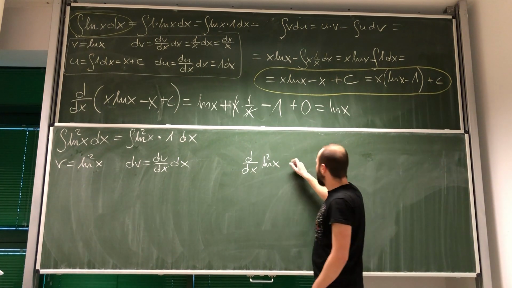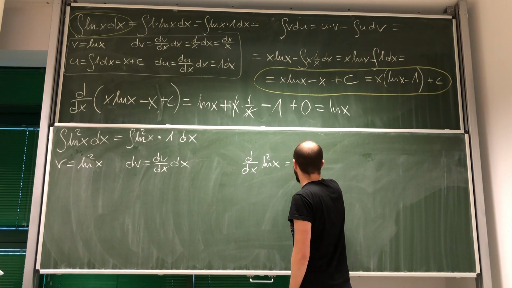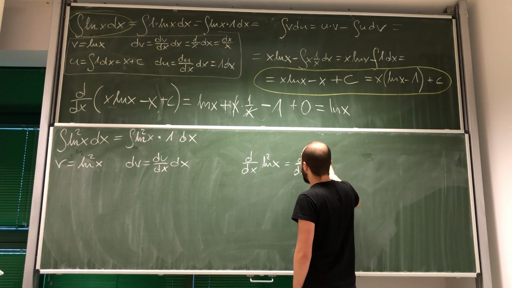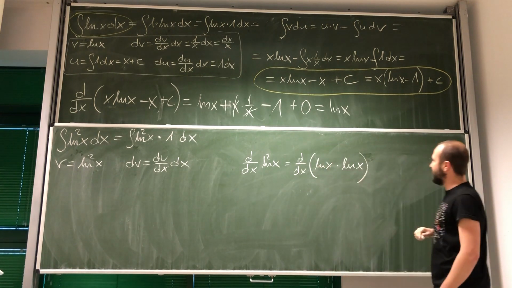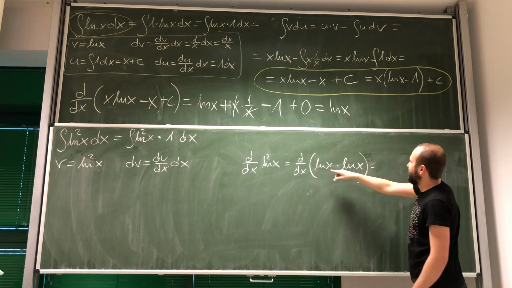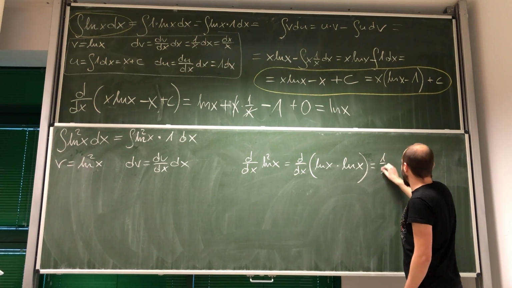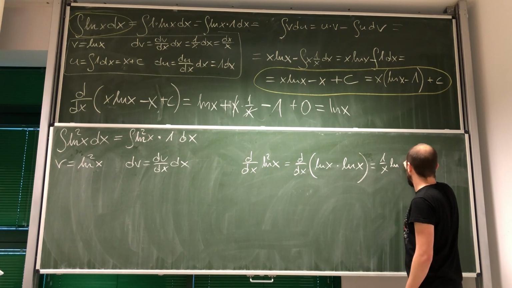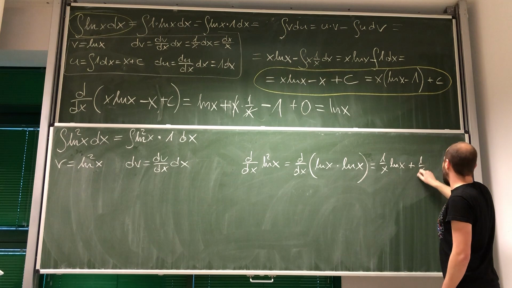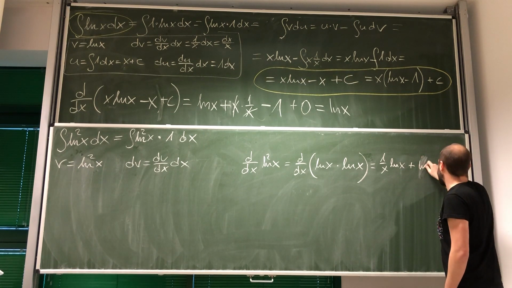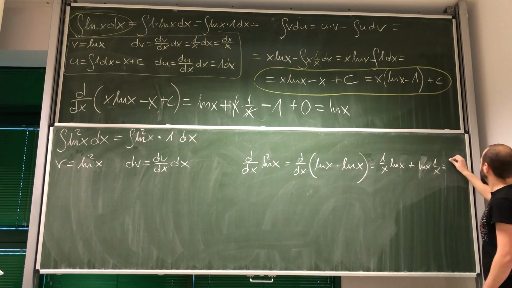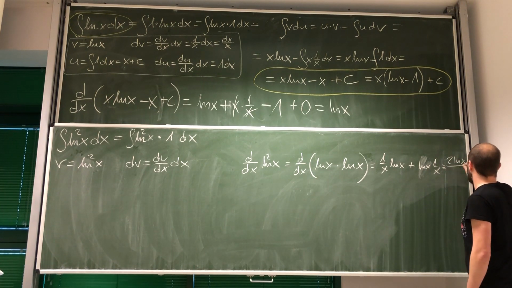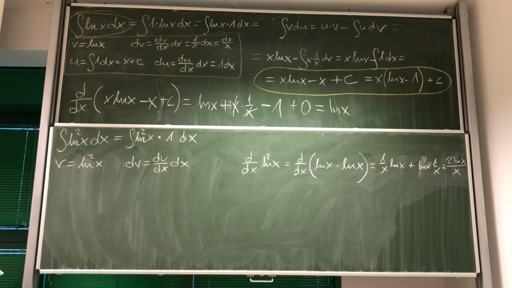We can do it in two ways. We can calculate it as the derivative of a product of two functions, right? And then what we are getting is 1 over x times ln x plus ln x times 1 over x, which is 2 ln x over x.